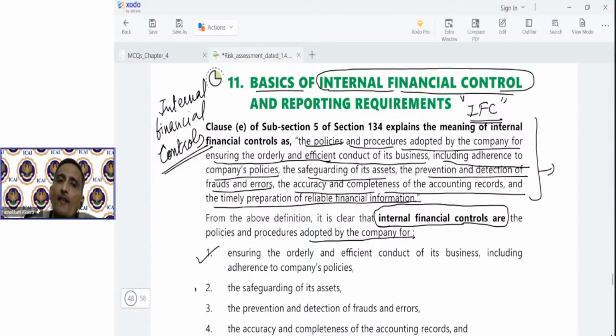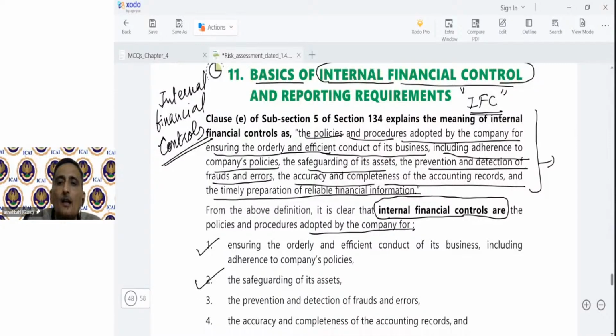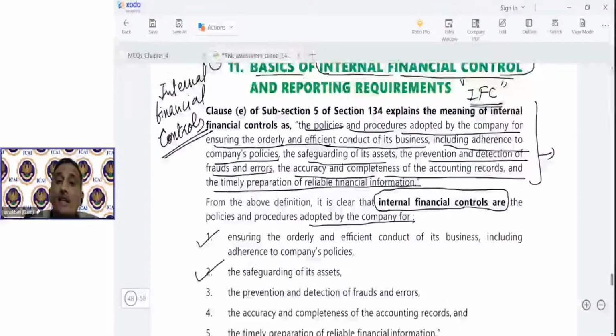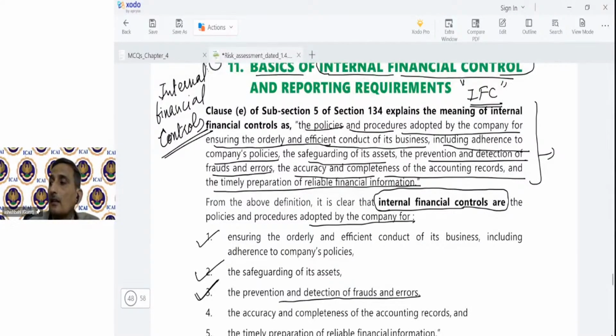Safeguarding of assets was also there in internal control. Prevention and detection of fraud and errors makes it wider.